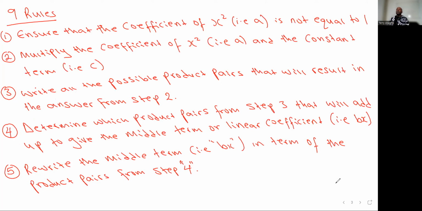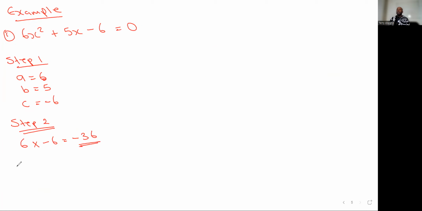We need to write down all the possible product pairs that will result in the answer from step 2. From step 2, we got minus 36, so we're looking for all the possible numbers that we can multiply that will give us minus 36. Let's start. The first one you can have is 6 and minus 6, which gives minus 36.